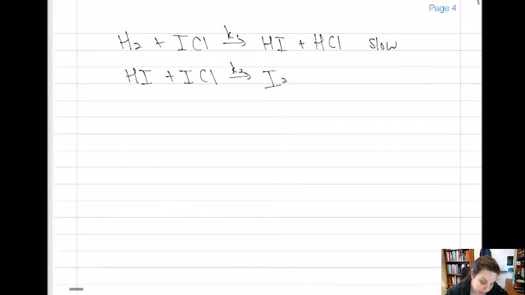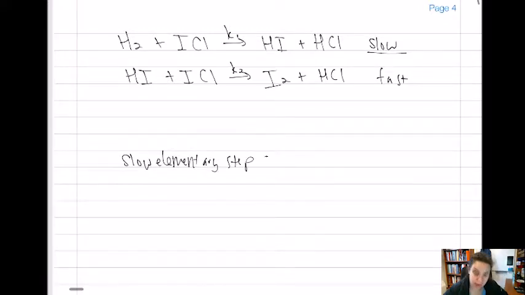And this one is considered fast. So this slow one, we call this the rate limiting step. And it determines the rate law.